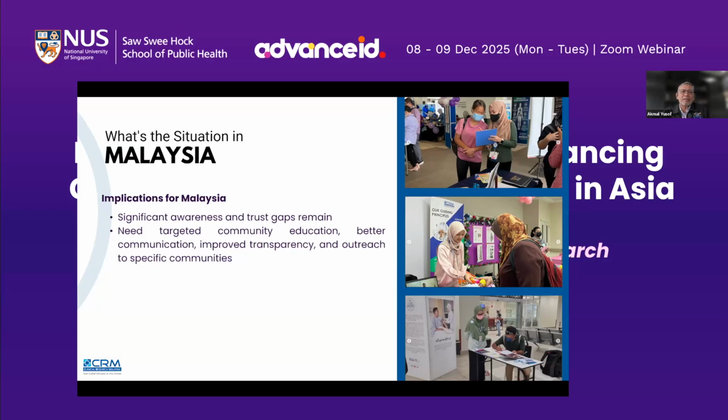There is also a need for targeted communication. One of it is community education. This better communication must be improved with a lot of transparency activity, especially in terms of the clinical research process, and of course, we need new ways of working to reach specific communities in terms of outreach.